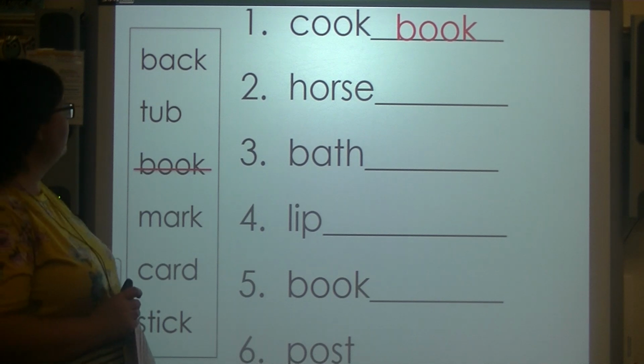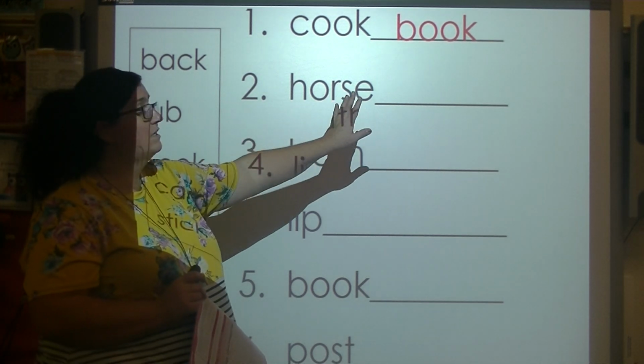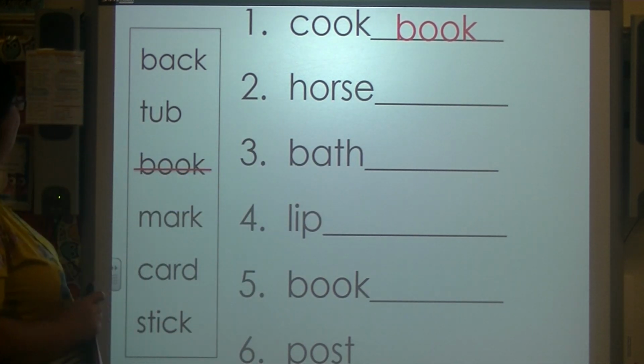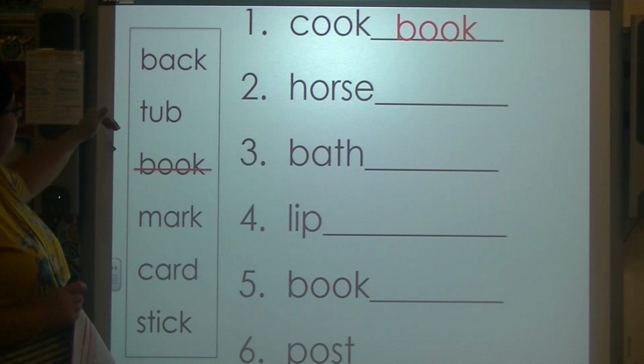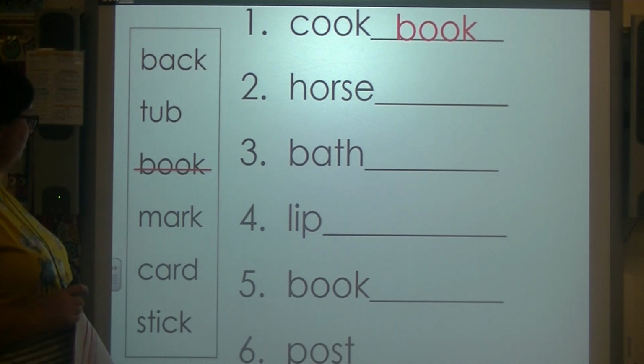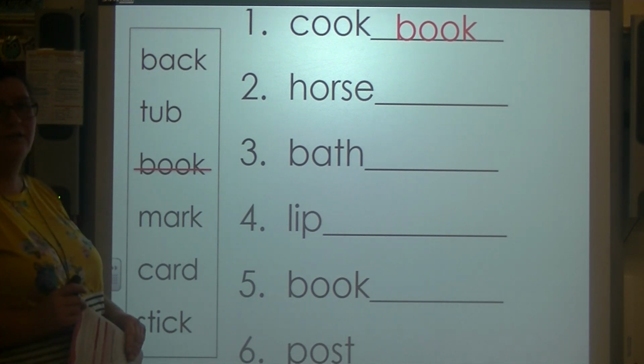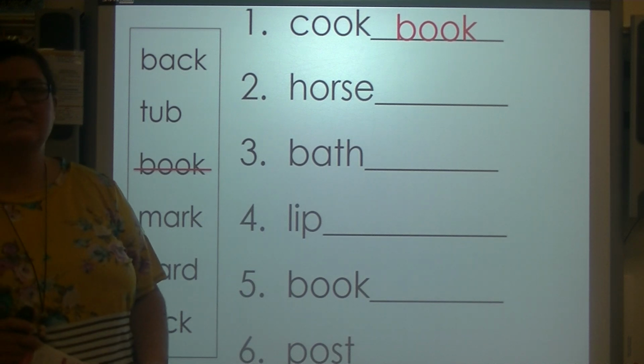All right, number 2, horse what? Horseback, horsetub, horsemark, horsecard, horsestick. Which one makes sense?